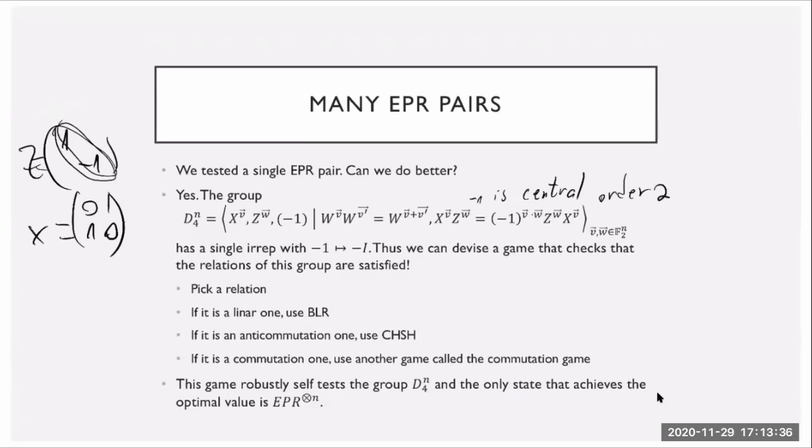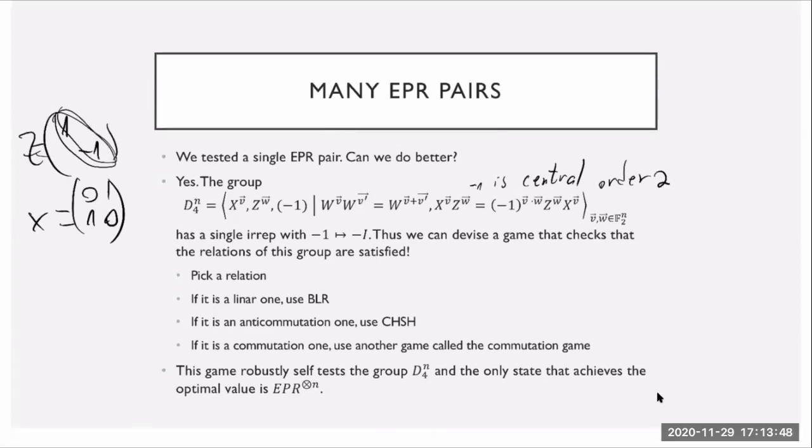This is an important pair of matrices that we are also going to talk about in the general case. So this was just a teaser. Anyway, we tested a single EPR pair.